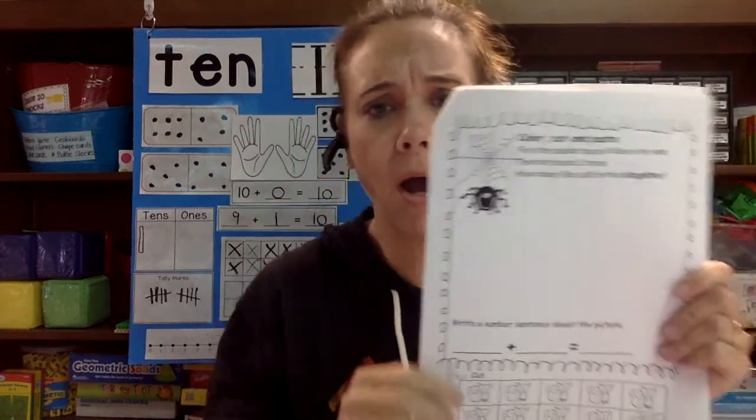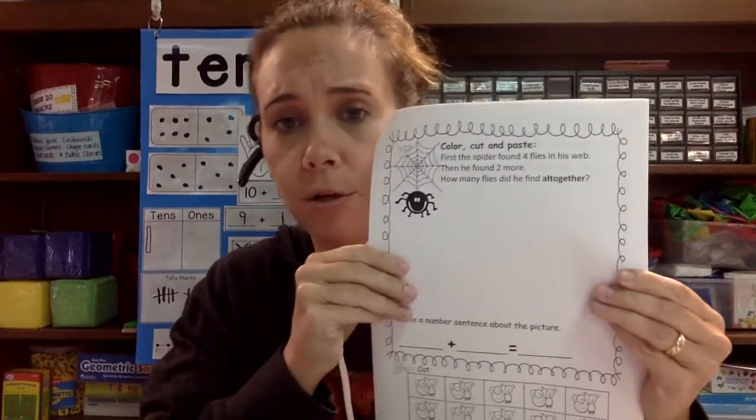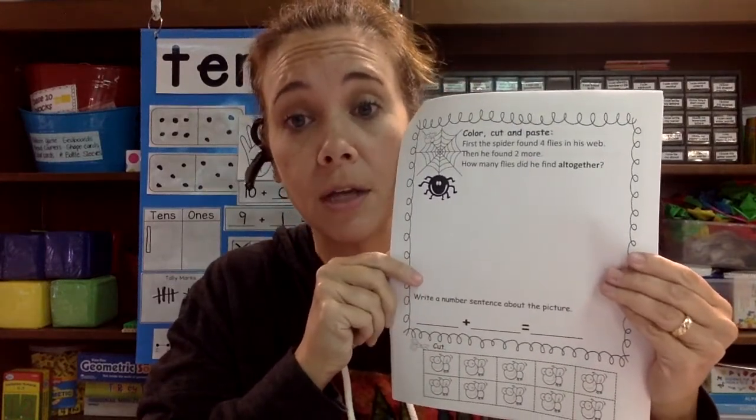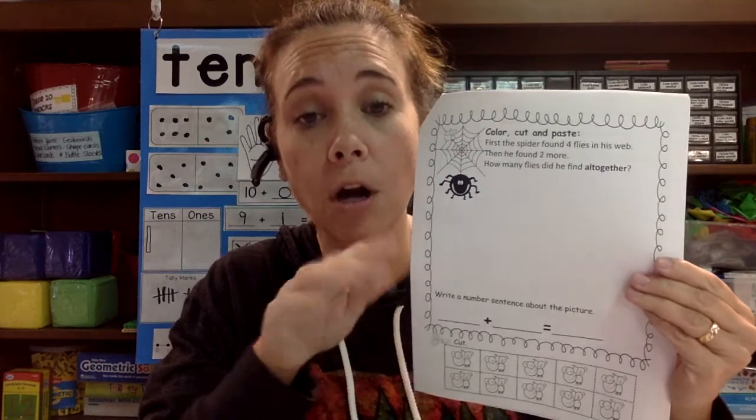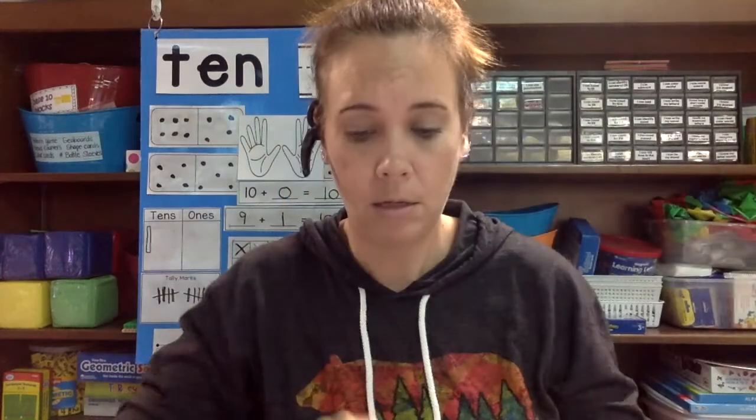All right, let's figure out what our problem is on our paper here so we know what to do. First, Spider found 4 flies in his web. 4 flies. So I'm going to pick a color, and I'm going to color 4 flies. 1, 2, 3, 4.